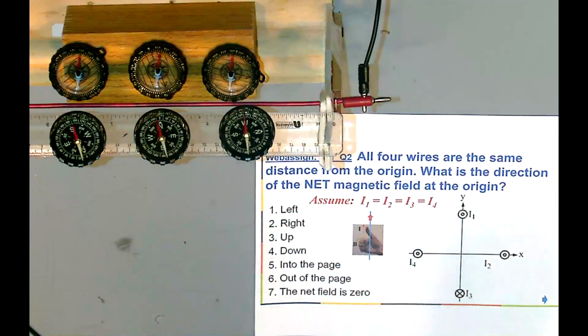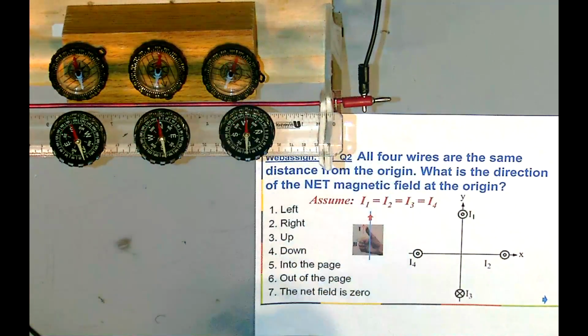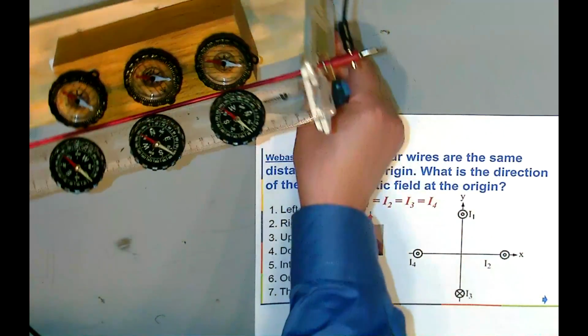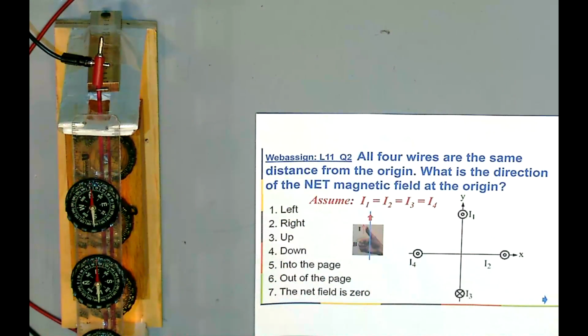reasoning. We can say a magnet generates, creates a magnetic field, and that magnetic field now makes these magnets move. What is the direction of the magnetic field according to the definition?